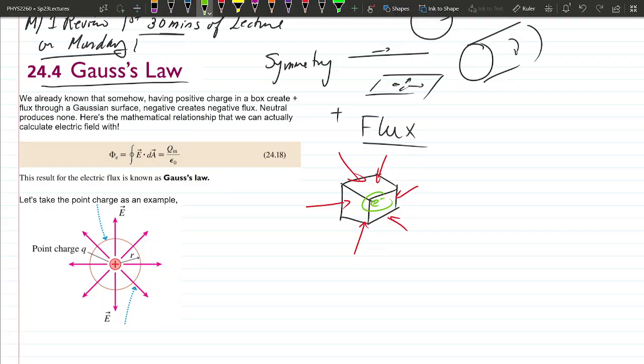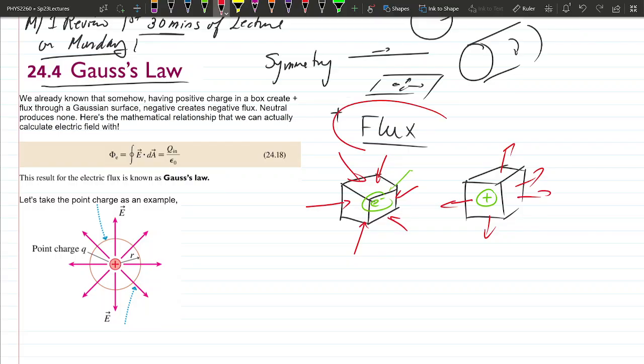Maybe some electron in here, because we know that negative charge always has electric field pointing towards it, right? But if we have a positive charge inside that box, we can predict that there's going to be some electric field going out of the box instead, okay? And these field lines going through these boxes, these surfaces, is what we call electric flux, right?